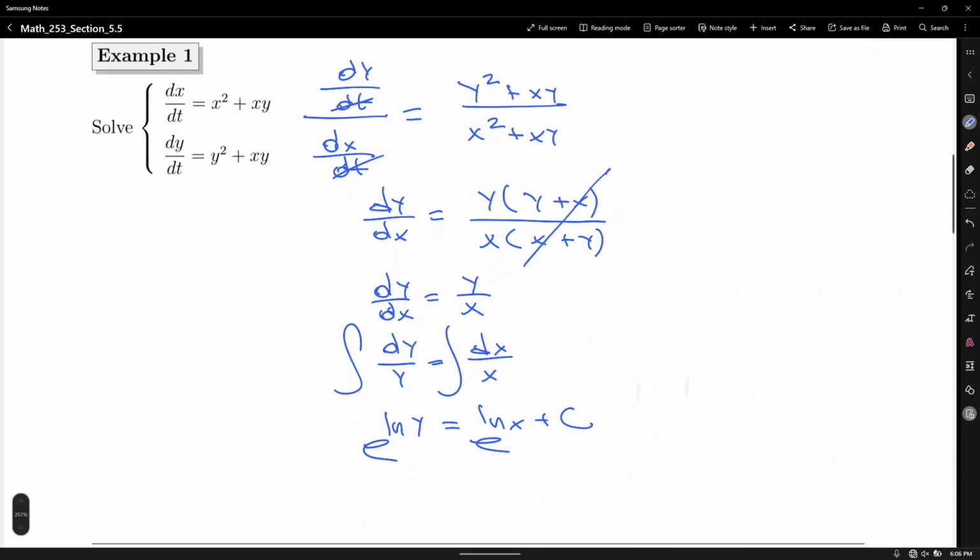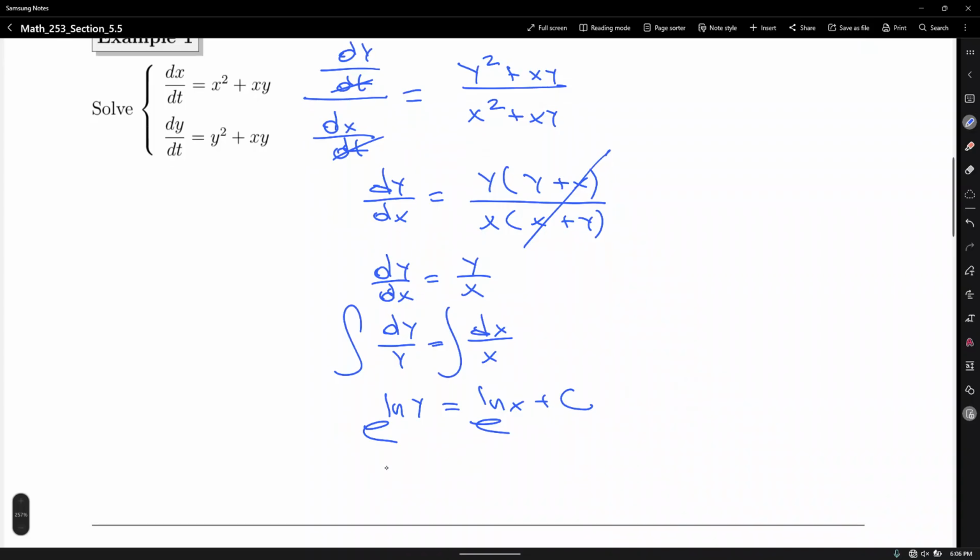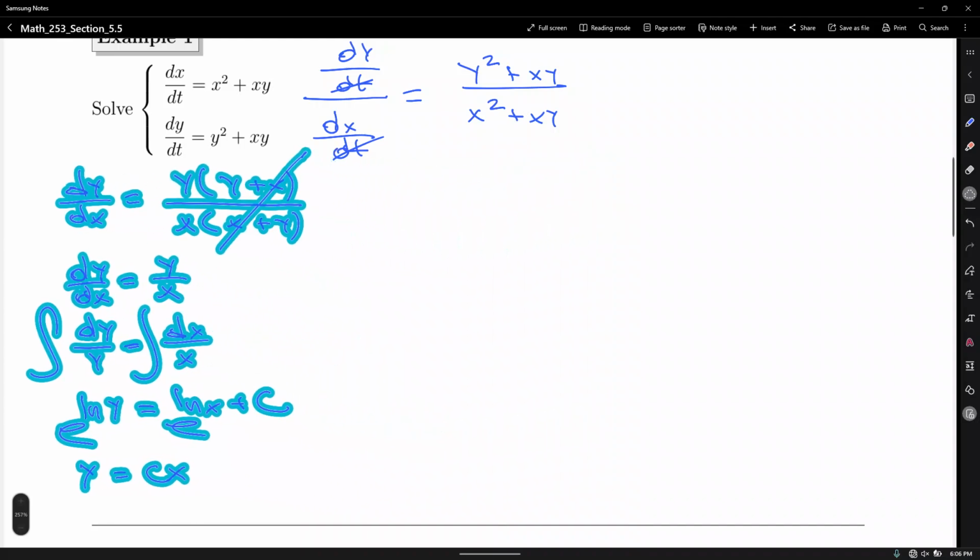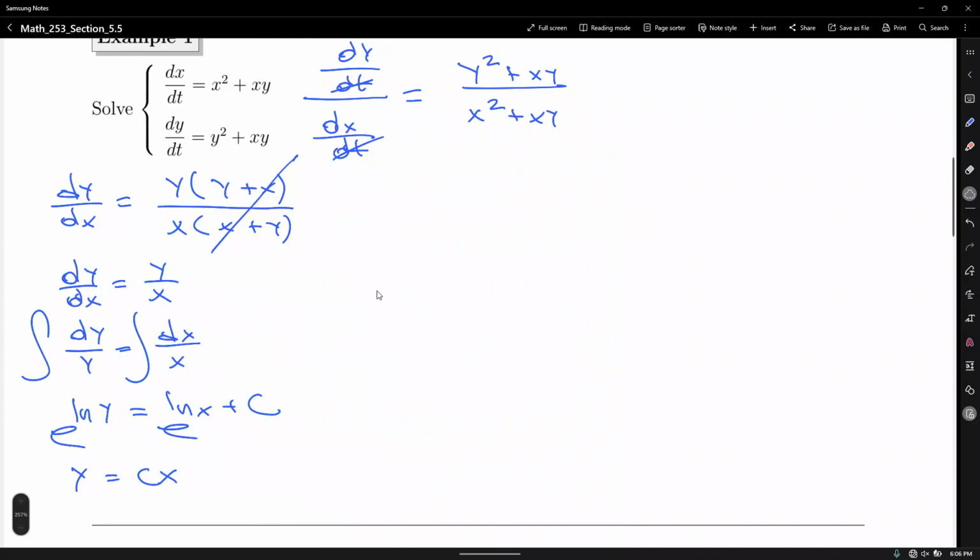So e to the ln of y, what is that equal to? Isn't that equal to y equals e to the ln of x, that is simply x. But what is e to the c? Isn't that just another constant? Okay, let me multiply that over here in front of the x. Actually, let me make some room right here. I should have done it over here. Much better. Okay, so this is our number 2.